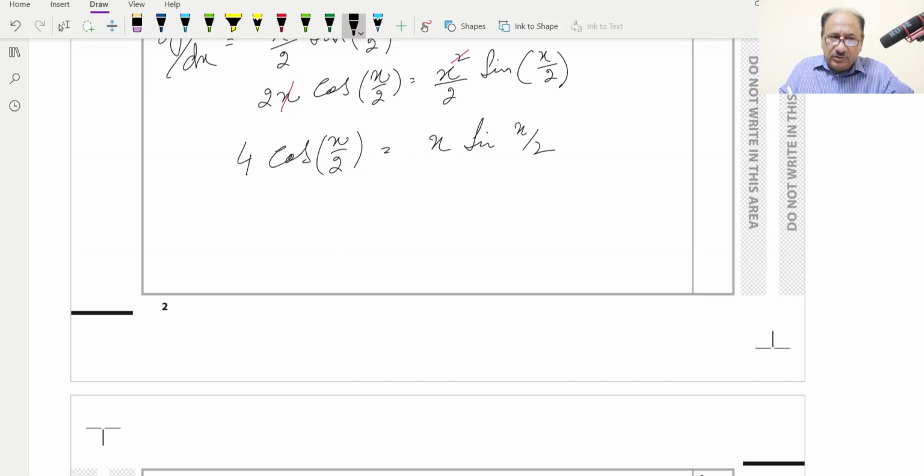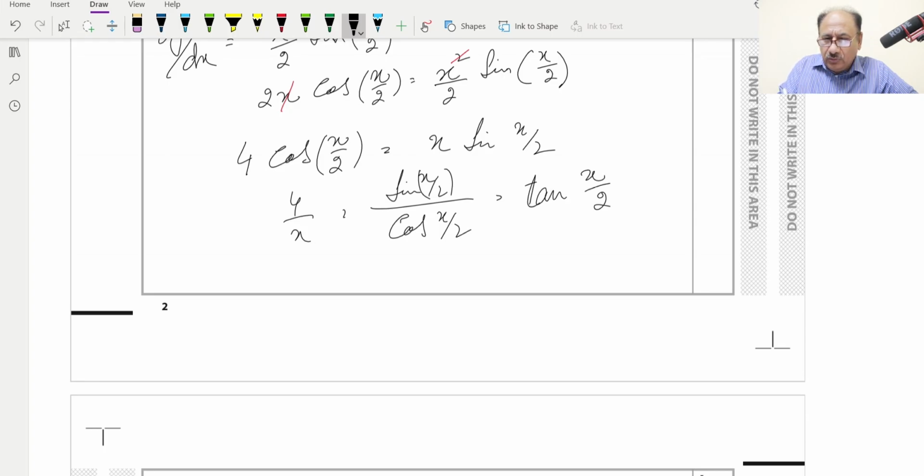Now we can shift the cos x to the other side, and the 4 also we can shift to the other side. Basically sine x over cos x will be tan x. So we can write 4 over x is equal to sine x over 2 over cos x over 2, and this will be equal to tan of x over 2.